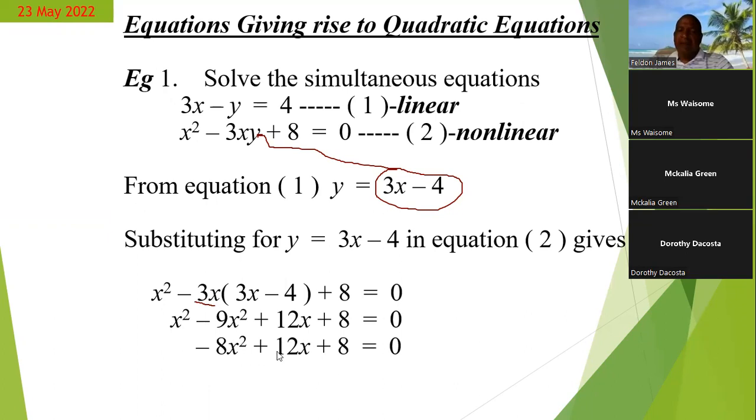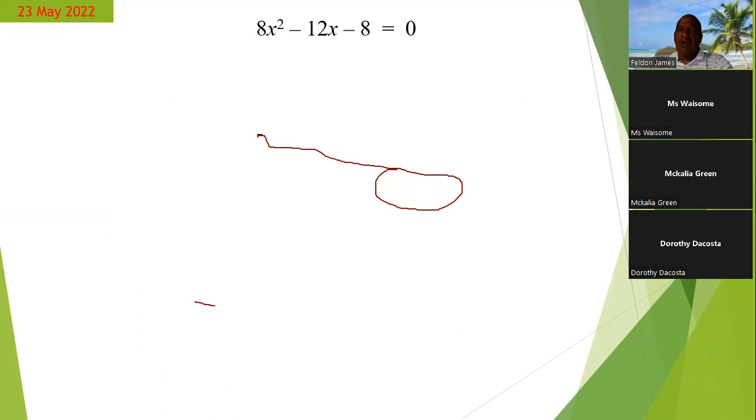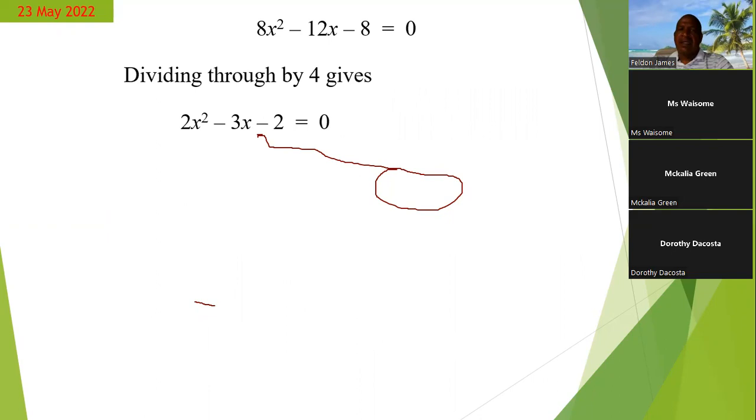But don't just divide by 4, divide by negative 4, because when you use negative 4, this x squared value, you want it to be positive. So if you divide by negative 4, you will get that. And once you divide, guys, it simplifies your quadratic.